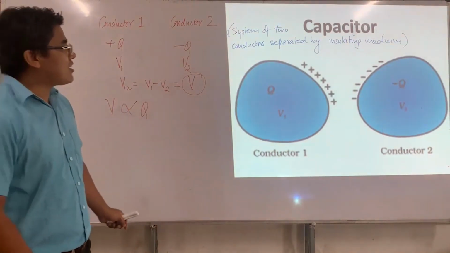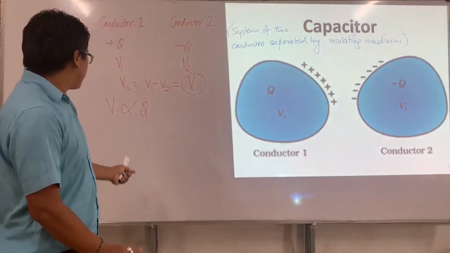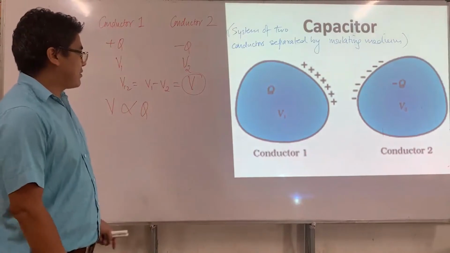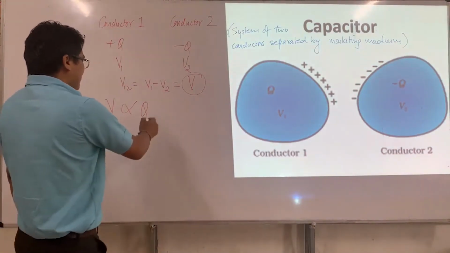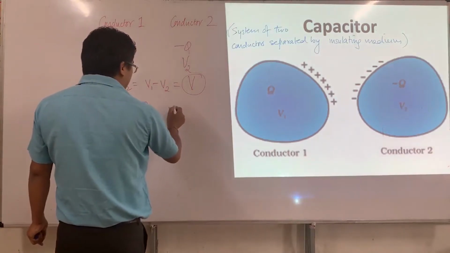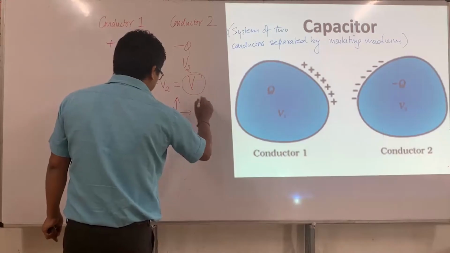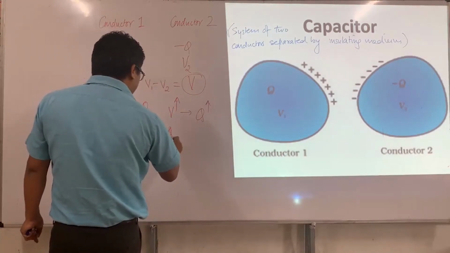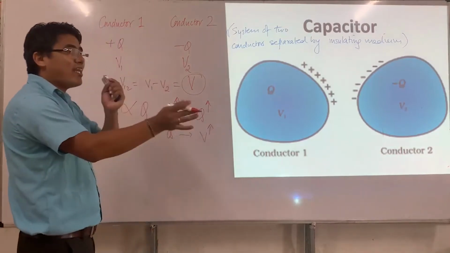If there is more charge on the two sides of a conductor, then the potential would be greater. If I increase the potential, then charge would increase. Or if I increase the charge, then the potential would increase. These two depend on one another, right?